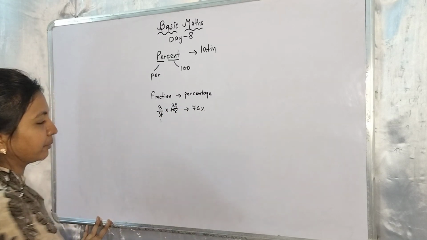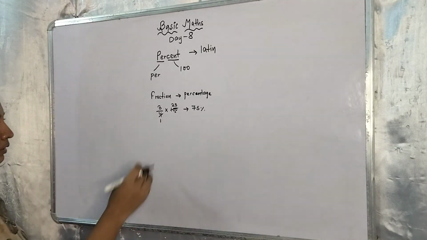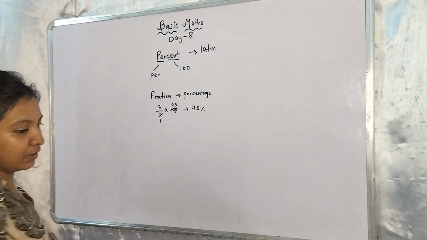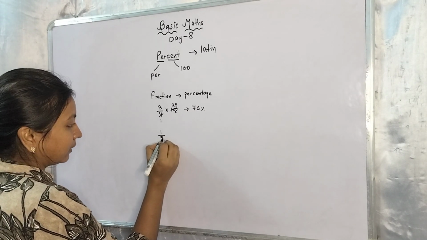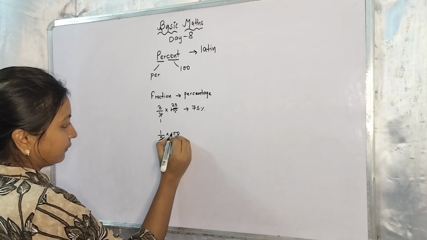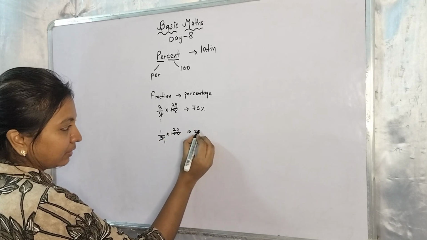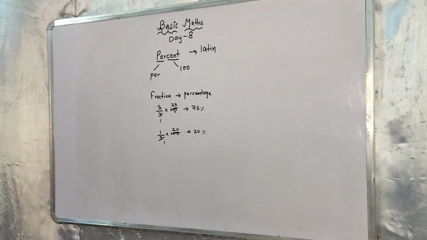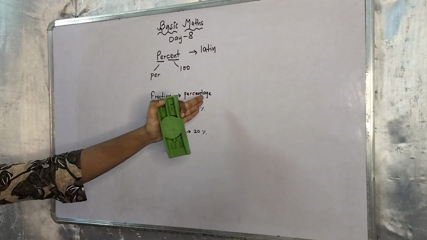So 75%. 3 by 4 when converted to percentage you will get 75%. Let's take 1 by 5. 1 by 5 into 100. 5 ones are 5, 5 twos are 10, 0. So that will be 20%. So this is how we convert from fraction to percentage.